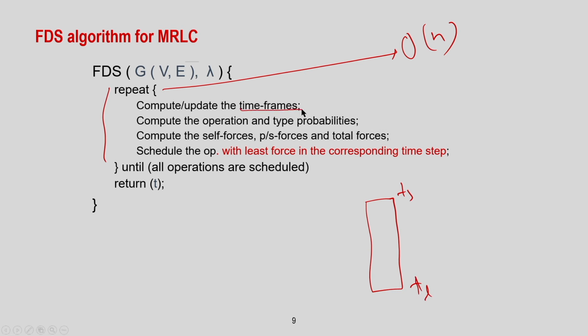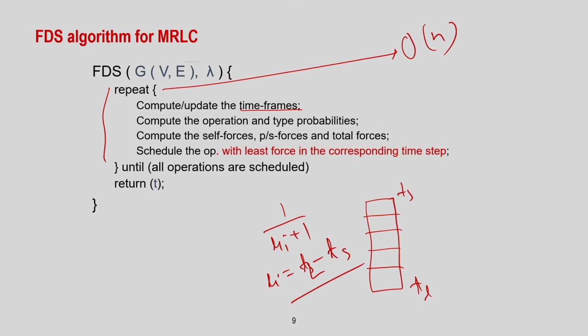For each node I will identify the time frame, and then I will identify the operation distribution and type probability. For each operation I can identify the probability of the operation to be scheduled in each time frame, which is basically 1 by mu I plus 1, right, you recall that. Here mu I is nothing but TL minus Ts.